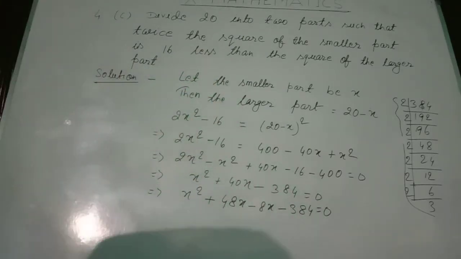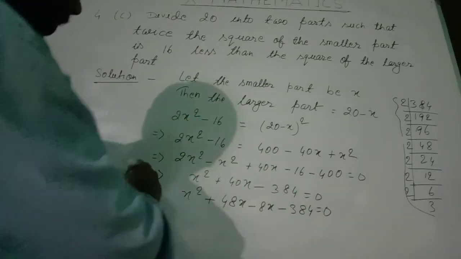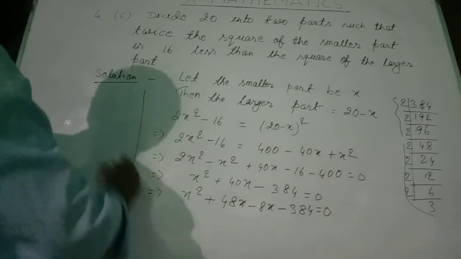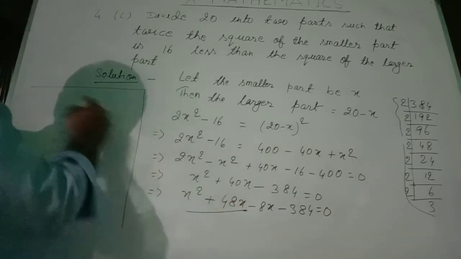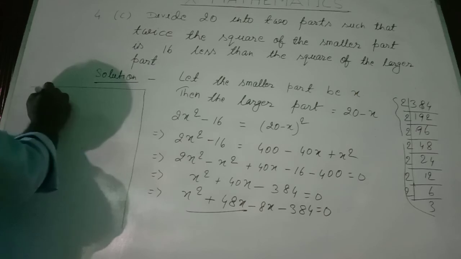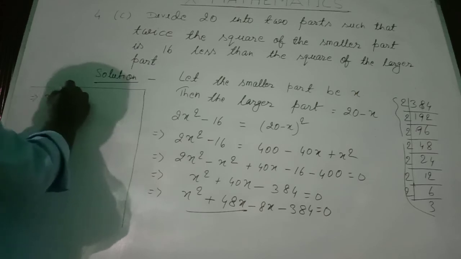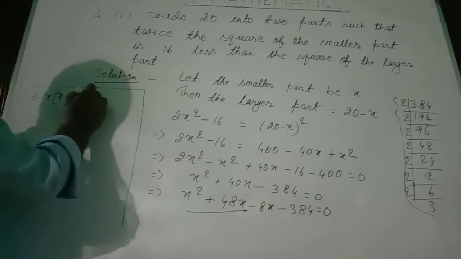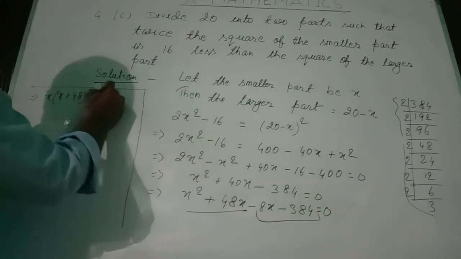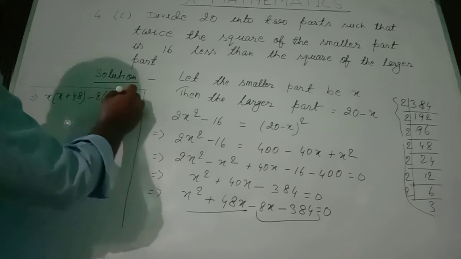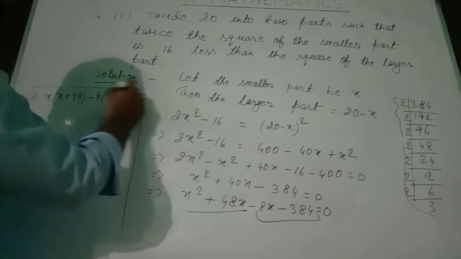Now we come to this part of the solution. From the first two terms we can take common x plus 48. From the second two terms we can take common 8, x plus 48 equal to 0.